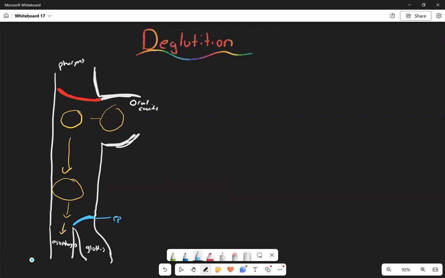So that is your epiglottis. And what that does is that prevents the bolus of food from traveling down into the glottis and diverts it down into the esophagus, right? And so the epiglottis is almost like a track designator inside of your GI tract, on which pathway that content will take.